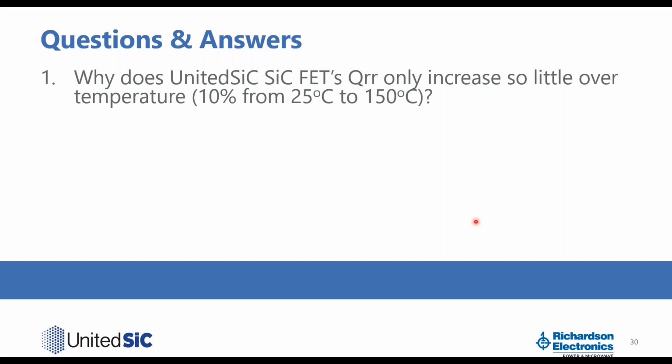And since it's a capacitive charge, it does not increase with temperature. A very small portion of the QRR does come from the low voltage silicon MOSFET body diode, and that portion does increase with temperature. So overall, combining the two, that's why you have about 10% QRR increase, which is still very small.